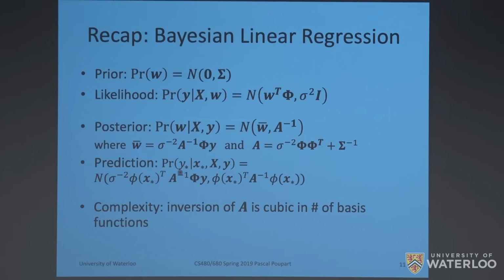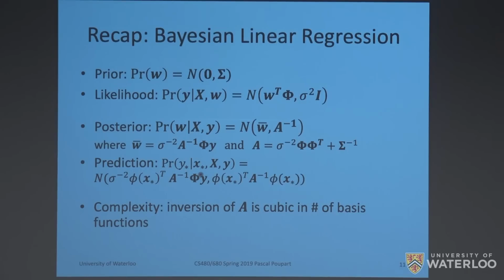As a quick recap, when we did Bayesian linear regression, we started with a prior. We have a likelihood that is a Gaussian expressed in this form. Then we saw how we can compute the posterior, which has a mean W and a covariance A inverse that are expressed in this form. We also saw that we can do prediction.